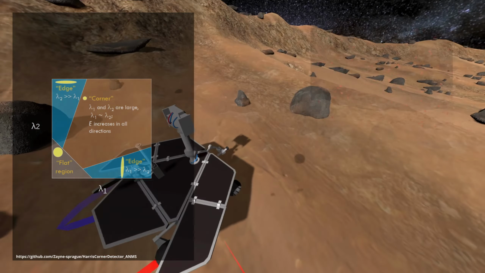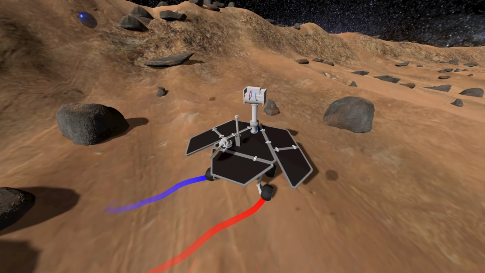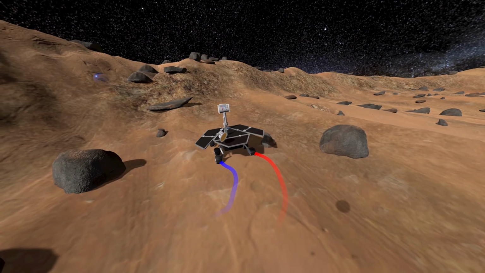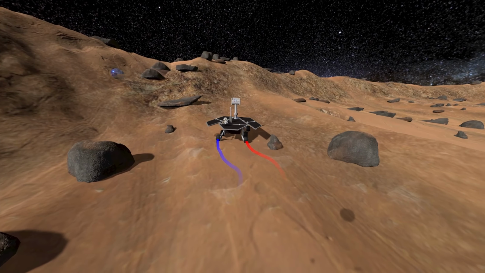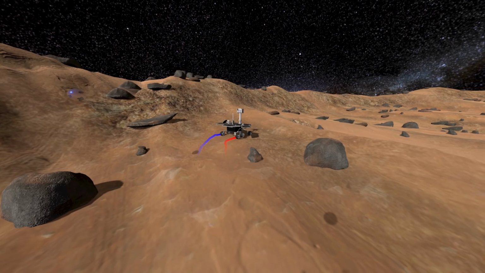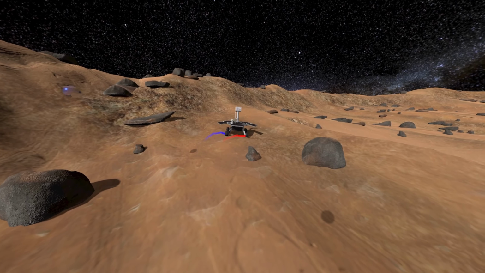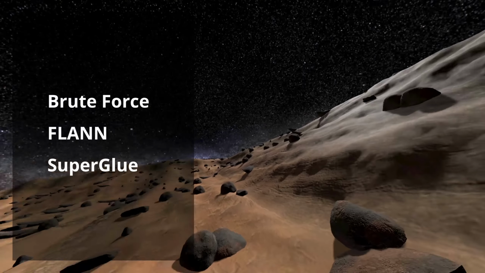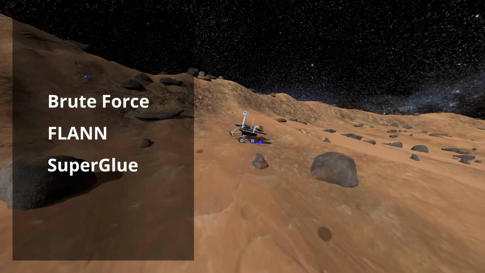So once we have detected features in the last image and in the current image, we somehow have to match these features. So corresponding features are matched between both of these frames. And probably the most straightforward approach would be a brute force, but obviously this is not the most efficient method.